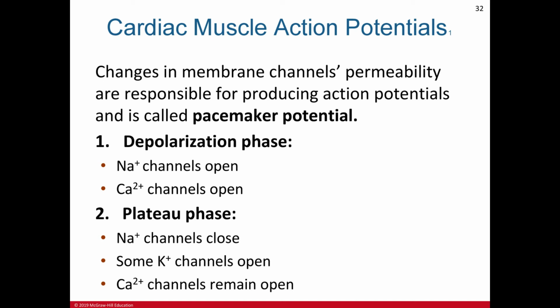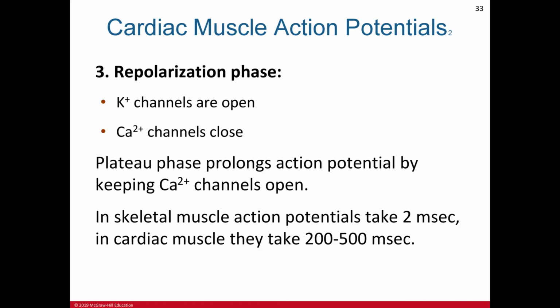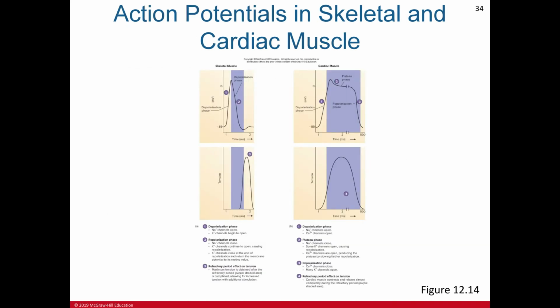In contrast to the action potential in skeletal muscle, which takes less than 2 milliseconds to complete, the action potential in the cardiac muscle takes approximately 200 to 500 milliseconds to complete. This plateau phase is due to the calcium channels that remain open. Here is the difference between the action potential in the skeletal muscle and the cardiac muscle.